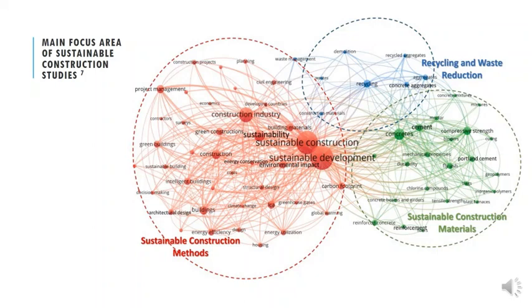As can be seen in this diagram, items are bubbles that represent the objects of interest. For example, sustainable development, concretes, and recycling in this diagram show the objects of interest. In this case, my interest is in the main focus area of sustainable construction studies.